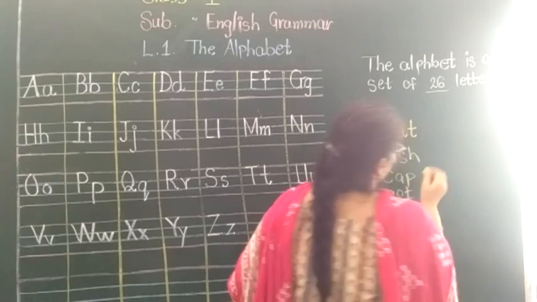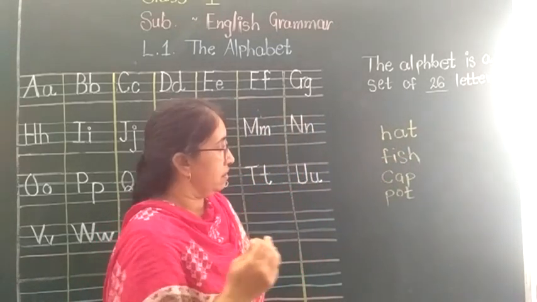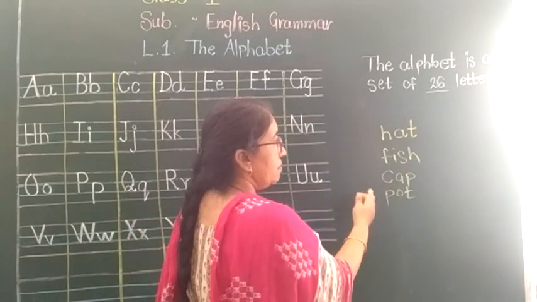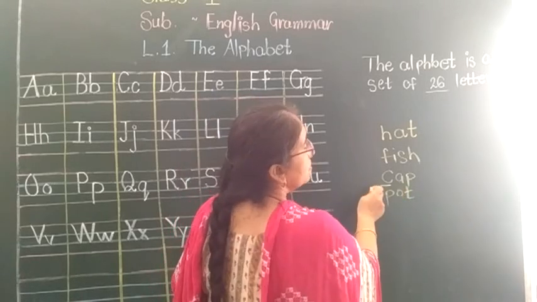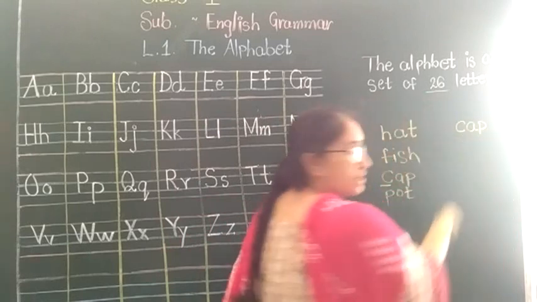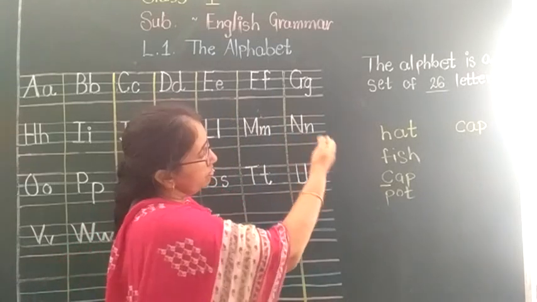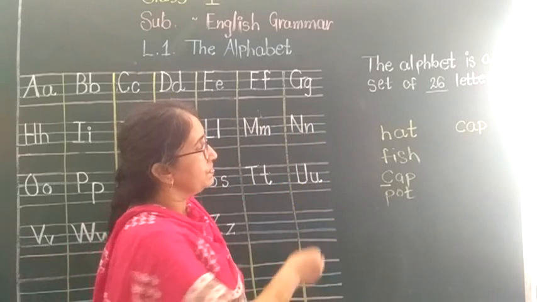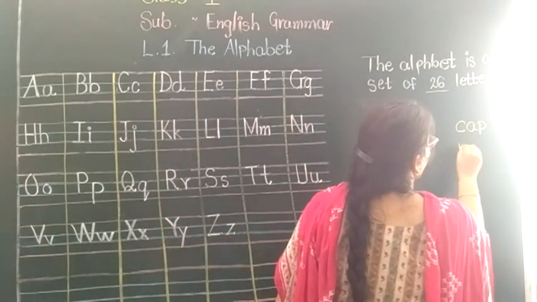So children, first you should make the sound like A. Here no word begins with A. Then B, no B. Then C. This is C. This is cap. So you should write it first. Then after C, what will come? D. No word from D. Then E also, no word from there. Then F. Fish. F, fish. Okay. So in this way you can write it in second number.